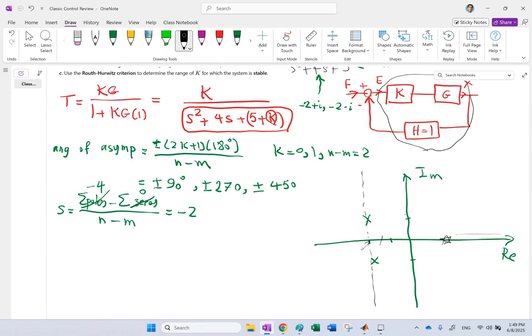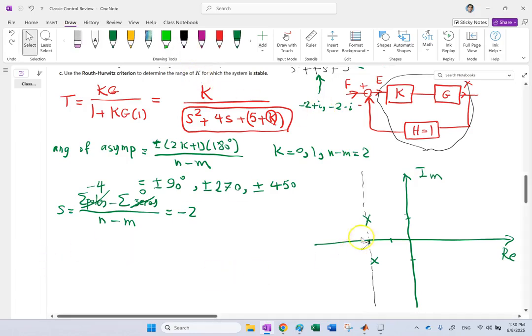If I put it here, again, there are 0 poles and zeros to the right side of it, so that doesn't work. If I put it here, then there are 2 to the right side of it. And 2 is also an even number, not an odd number. Therefore, the Routh-Locus has no extension on the real axis. The Routh-Locus will never be on the real axis for this system. There is no part of it on the real axis.